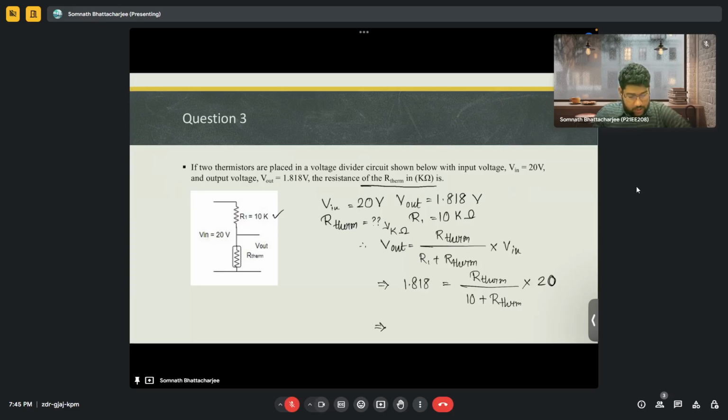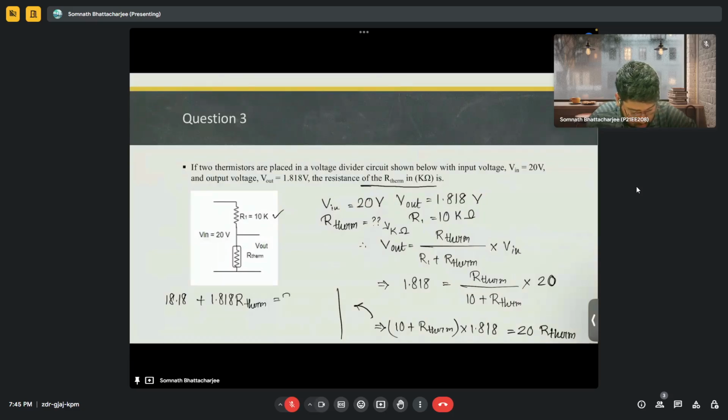So to find out, R of the thermistor into 1.818 equals 20 R of the thermistor. Okay, from here we'll just move on, and the values will be 18.18 plus 1.818 into R of the thermistor equals 20 into R of the thermistor.